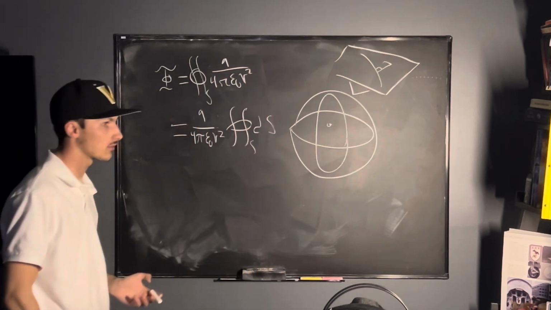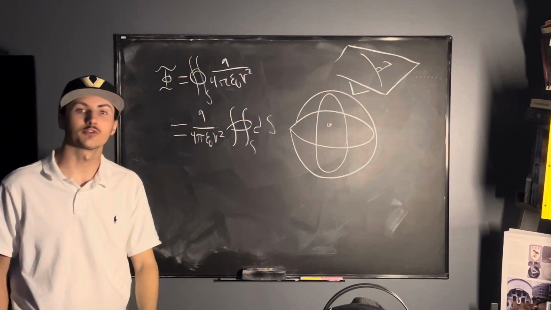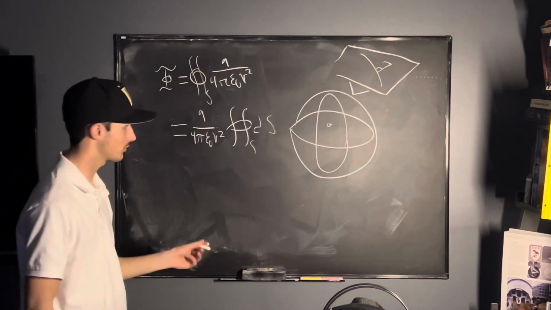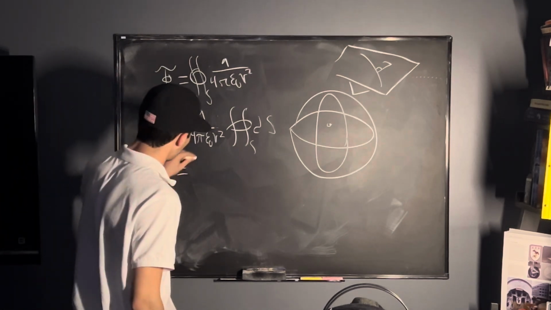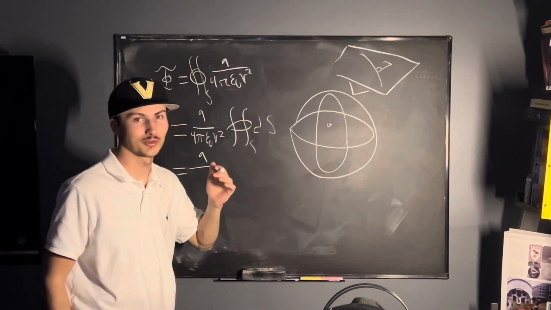What leaves us with that? Well, what is the surface area of a sphere? Surface area of a sphere is 4 pi r squared.